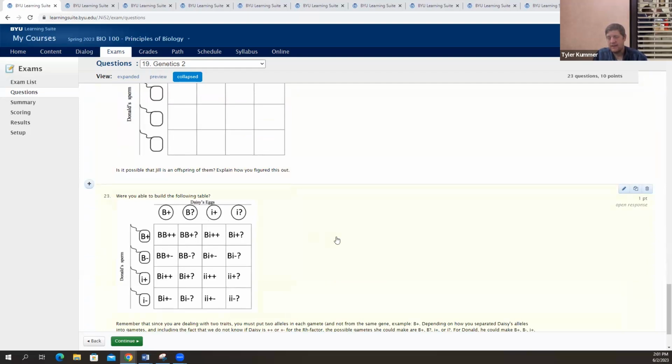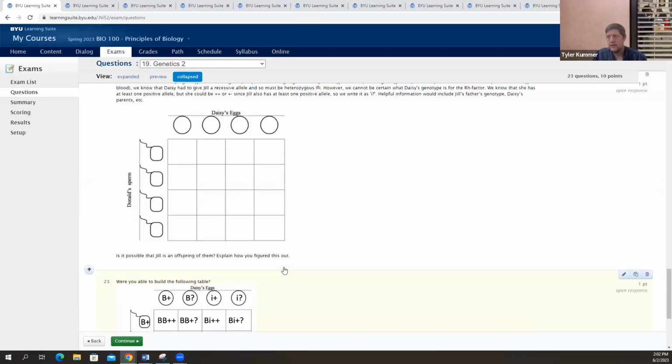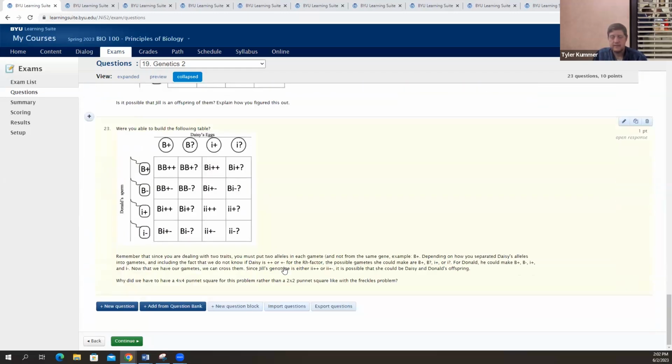We couldn't rule it out because we didn't have enough information, but we could use what we had to see if we could produce a child who was O positive at least, right? And there's at least a chance, right? Because all three of these would be O positive, which is what Jill could be or is, right? So a definite possibility there.